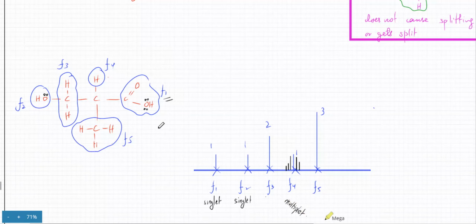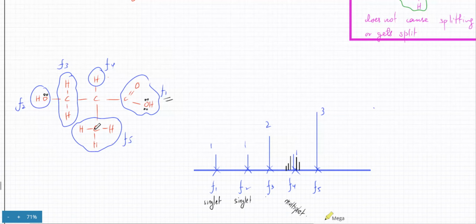Okay, and what about F3? How many peaks will F3 split into? This H is not going to cause interference, so no splitting because of this. There is a lone pair in between. How many H atoms are in its neighborhood? If you look at the immediate neighboring carbon atom, it has one H. Don't count these three hydrogens.